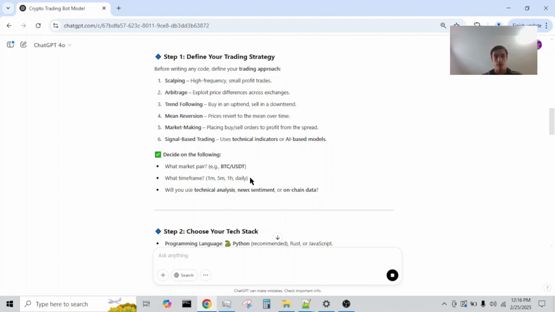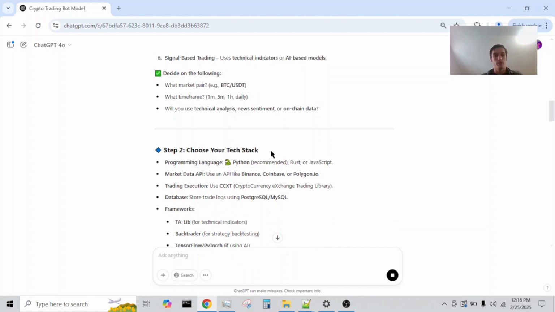The time frame, we'll have to do a lot of back testing on the different time frames and see what our analysis is telling us, whether or not 1 minute or 5 minutes is good for our strategy, or whether we want to get into an hour, 4 hours, or the daily time frame. We'll have to see what technical analysis we're going to use for buy signals and sell signals.